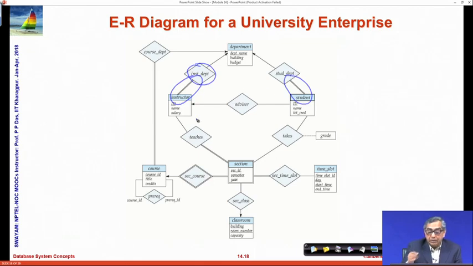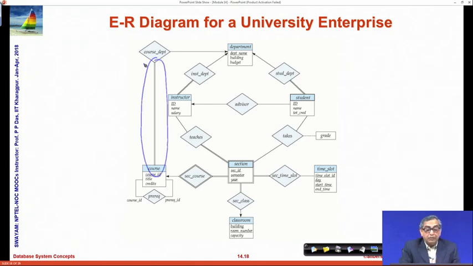If you go through carefully, for example, this is another which is total, which means that every course needs a department. You cannot run a course which does not have a department. This is how we can see the ER diagram, the first conceptual level diagram of a very simple university enterprise, being designed following the notions and symbols of the ER model that we have already developed.